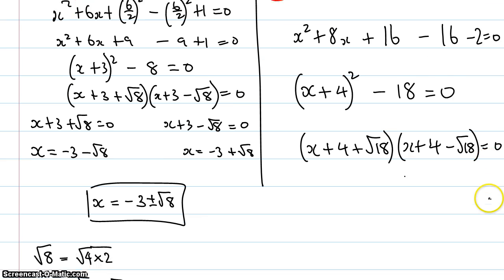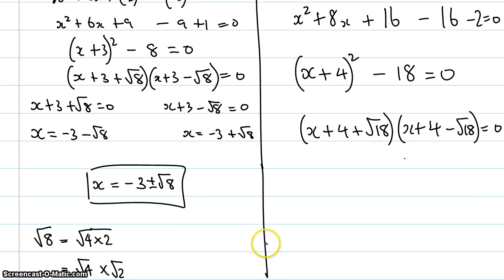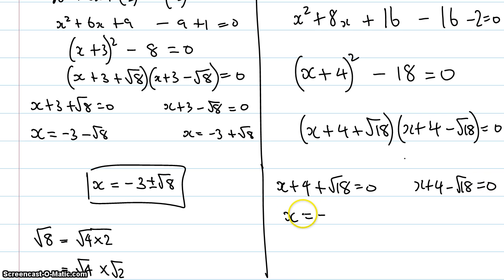Then I'm going to continue on like I did before. That becomes x plus 4 plus root 18 equals 0, and x plus 4 minus root 18 equals 0. So I end up getting x equals negative 4 minus root 18, and x equals negative 4 plus root 18.